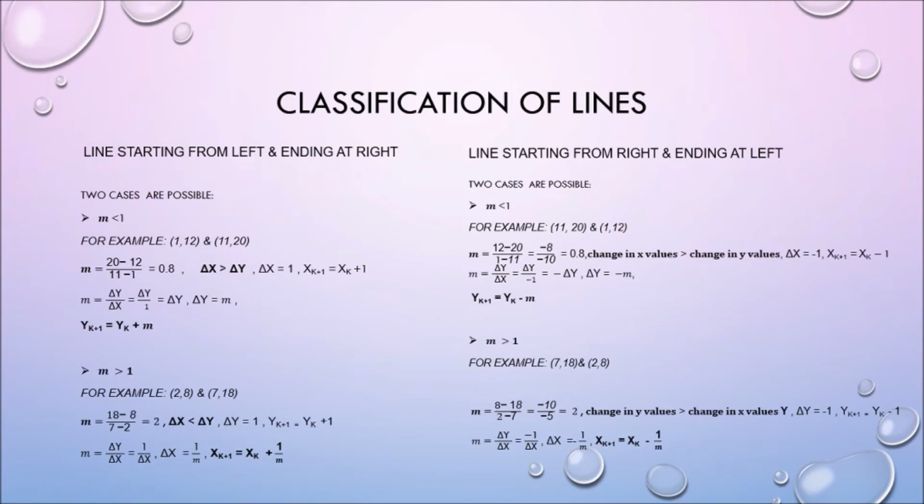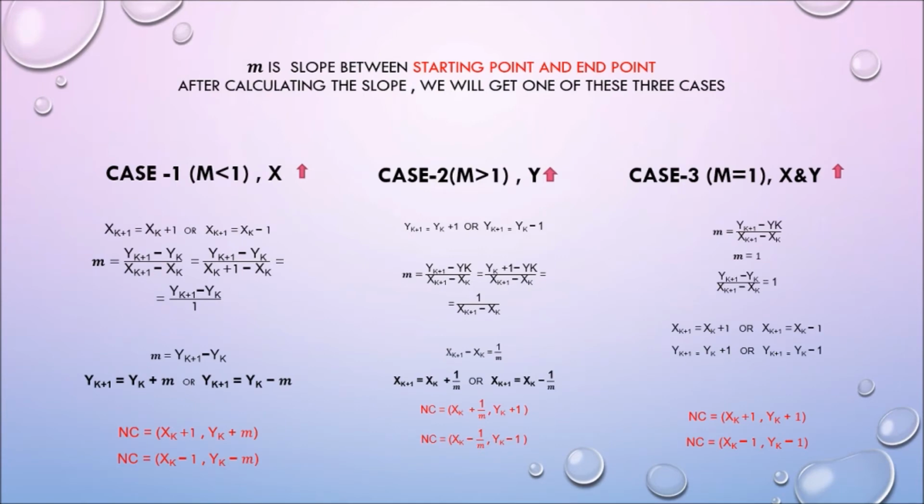Now let's see classification of lines. We can have two types of line. Line starting from left and ending at right, and line starting from right and ending at left. In the first case, the values of x and y will increase. It means that depending on the values of slope, we will take these values for our next coordinate.